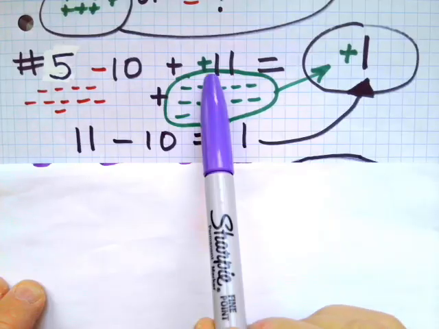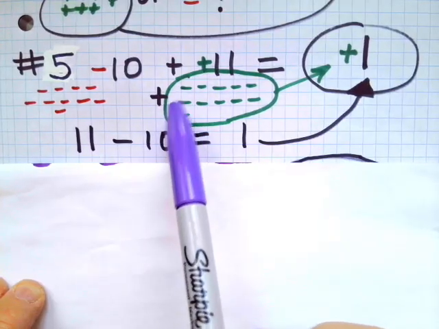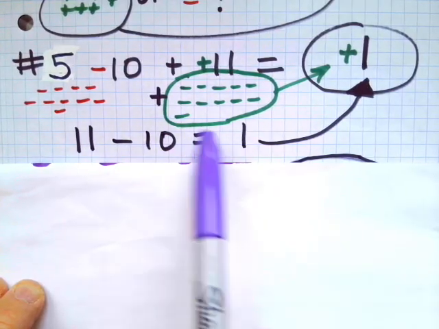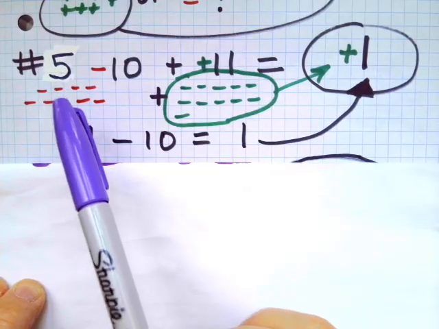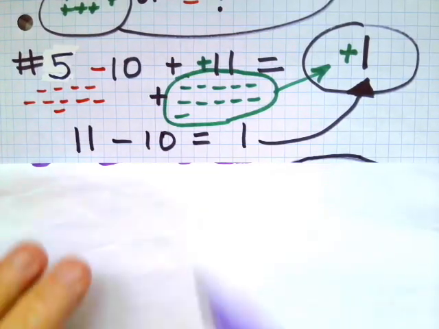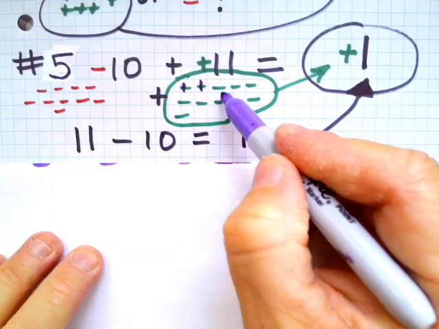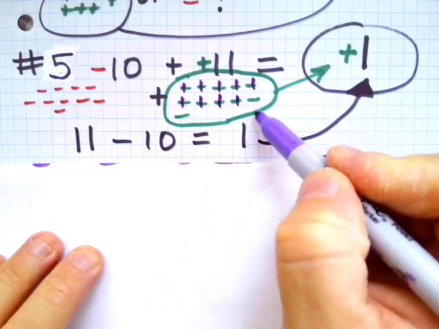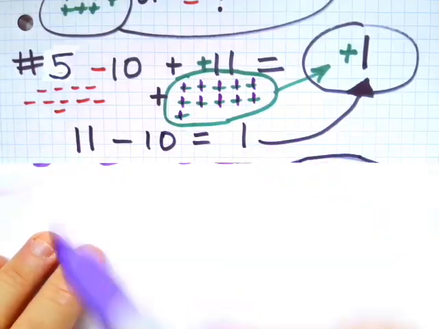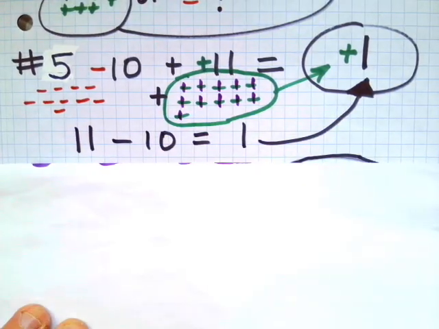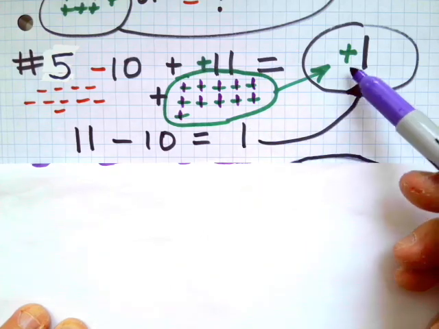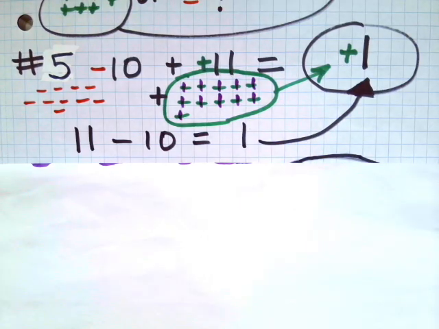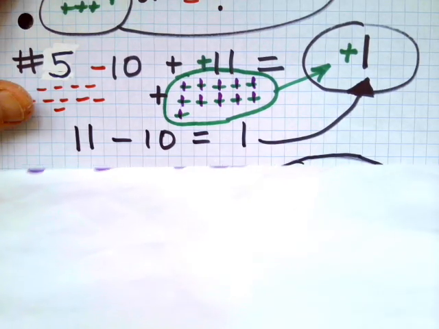So the signs are different. The rule is subtract. So 11 minus 10 is 1. Do I have more positive values? Here I have 11 positive values versus 10 negative. I have 11 positive, which is more. My answer stays a positive 1.